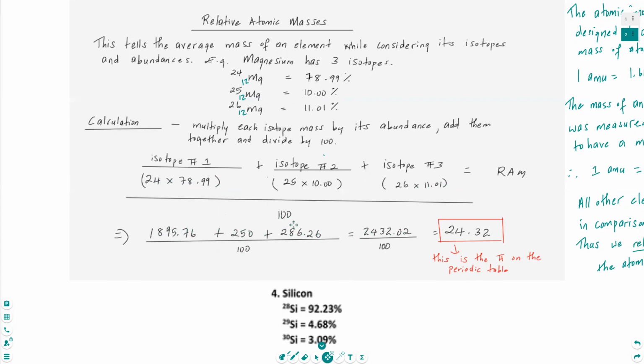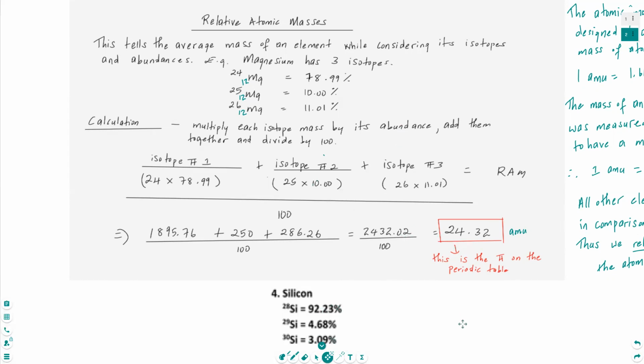When we add up everything in the numerator, we get 2,432.02. Then we divide that by 100, and that gives us a relative atomic mass of magnesium, which works out to be 24.32. So we are saying that if you take an atom of magnesium, the average mass is 24.32, and that is after considering all the isotopes of magnesium and their abundances.